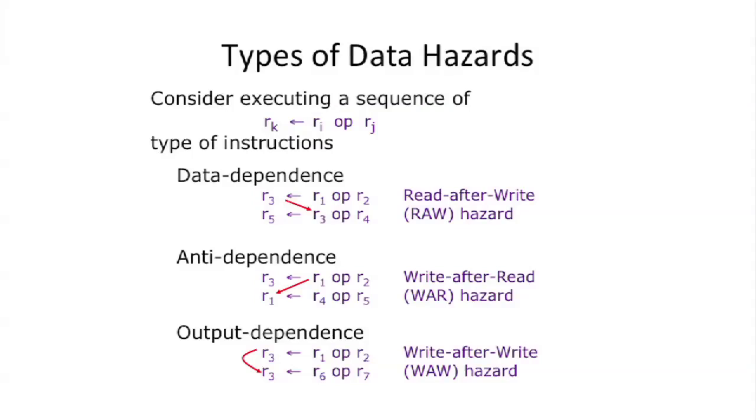So let's consider some example instructions here, where you take register I and register J, operate on them, and put the result into register K. We're going to look at different types of dependencies, and we're going to name them. The basic dependency here is a read after write hazard, or a read after write dependence.